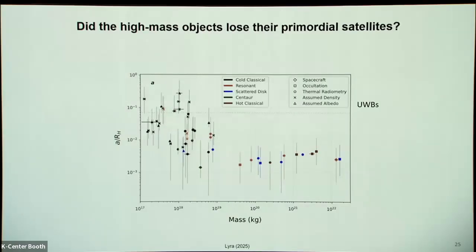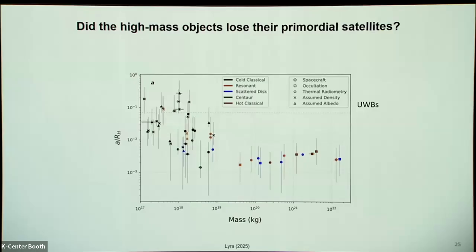So what is happening here then? These objects might form at these distances, at these separations. But if they do, they are easily ionized in the interaction with Neptune. And actually, there is a recent paper by Campbell that shows that even the ultra-wide binaries here are not primordial.